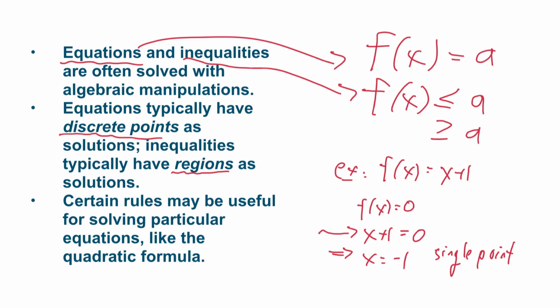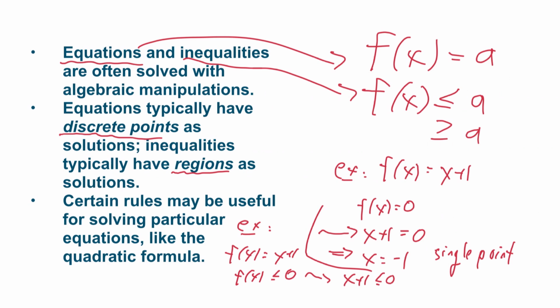So let's look at a related example. Let's say I had f of x again equal to x plus 1, and I wanted to solve the inequality f of x less than or equal to 0. Well, I solve it in much the same way. I would say this means x plus 1 should be less than or equal to 0, so x ought to be less than or equal to minus 1.